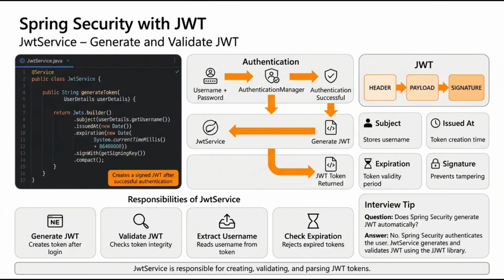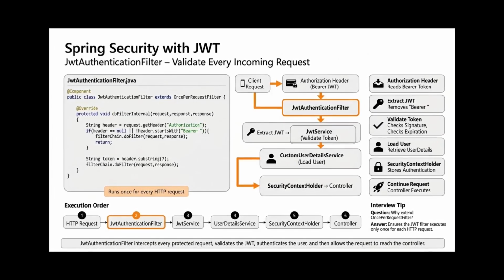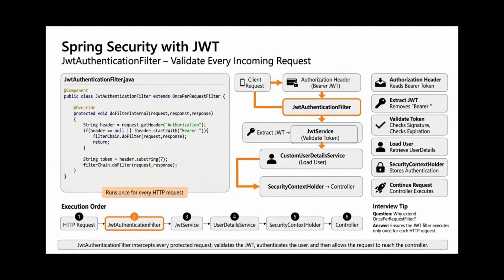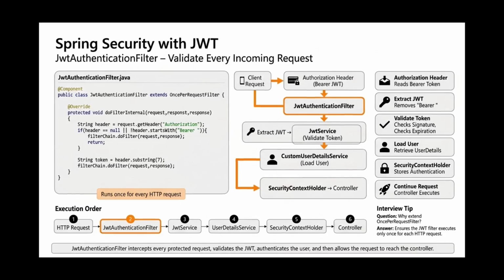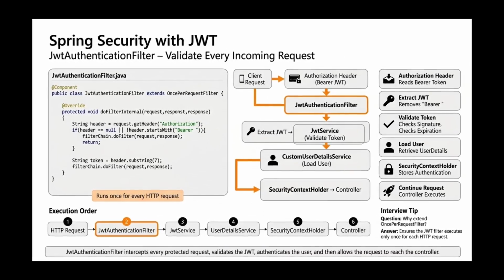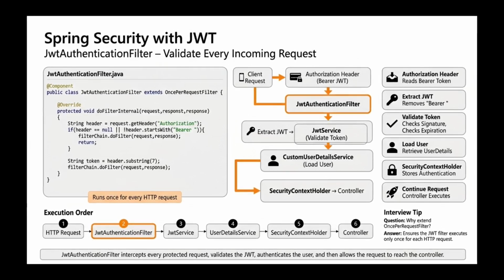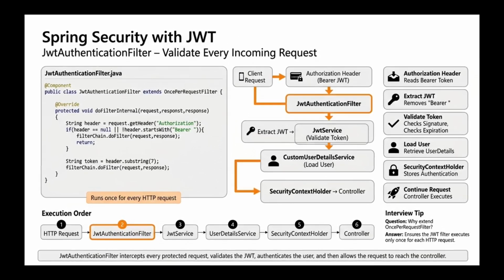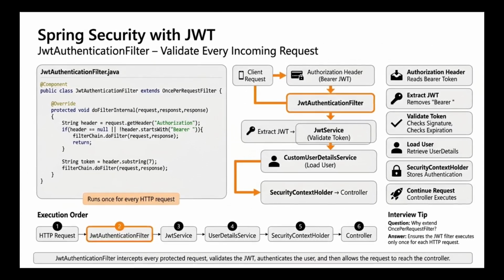needed for authentication. After the client receives the JWT token, it includes the token in the authorization header of every protected request. Before the request reaches the controller, Spring Security executes the JWT authentication filter. This filter extracts the JWT from the request, asks JWT service to validate it, and retrieves the username from the token.